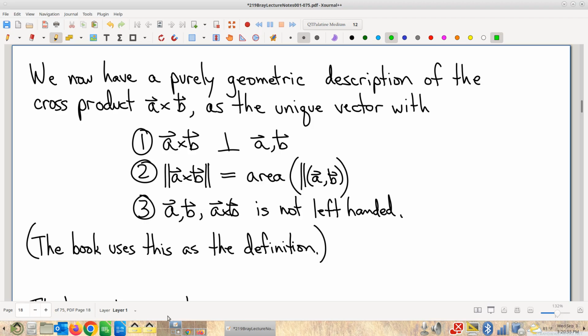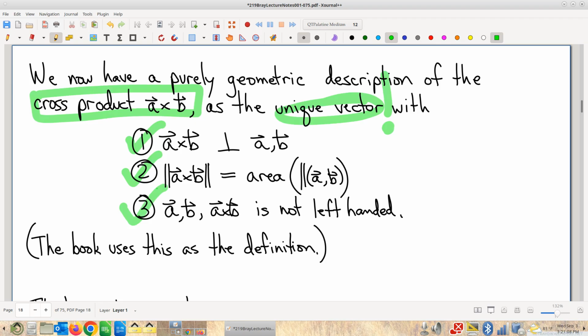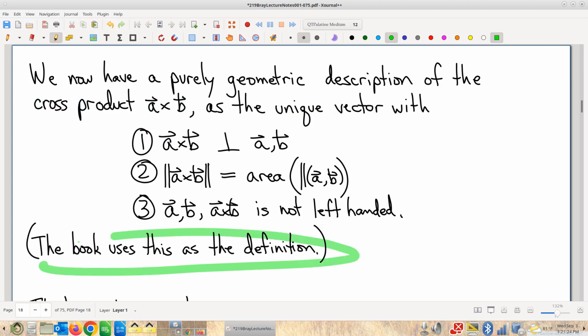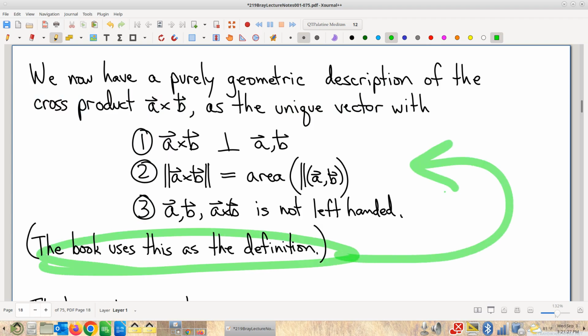So we've proved from the definition of cross product that we gave that the cross product is the exact unique vector that satisfies these three conditions, right? We've talked about all three of these results. I guess I didn't prove them, but I've stated those results, and the proofs are there in the notes if you care to read them, but you don't have to. So this is an interesting way to define cross product, sort of an alternative definition. This is what the book uses as the definition, as opposed to giving a formula like we did, and then deriving these geometric properties.